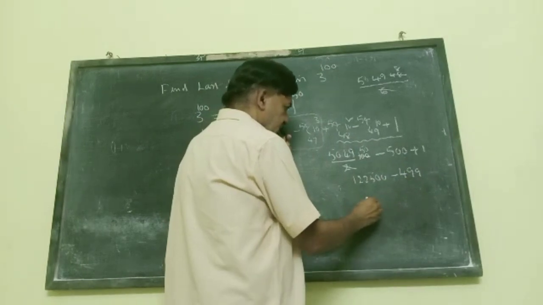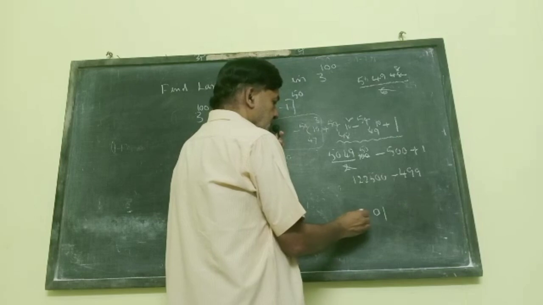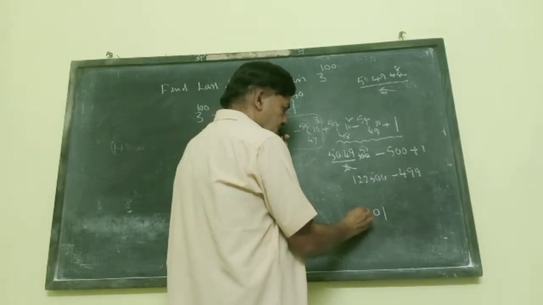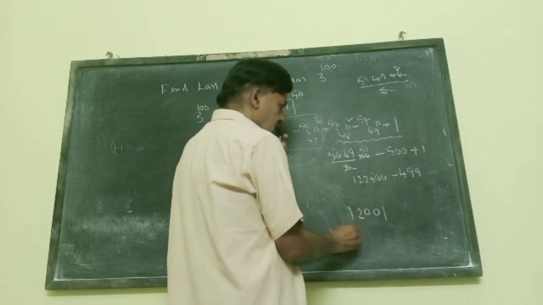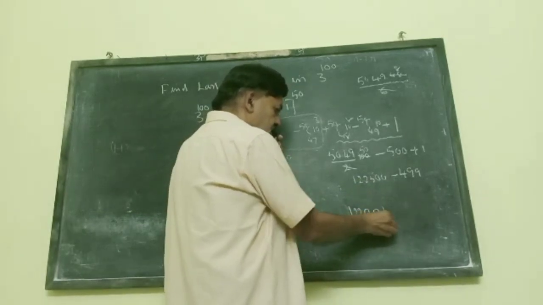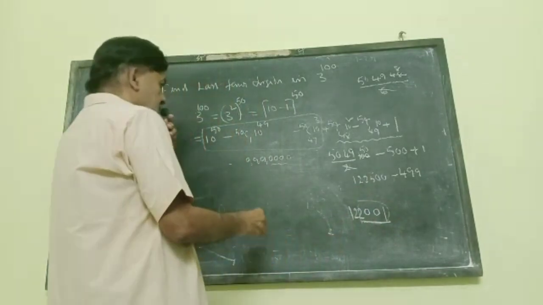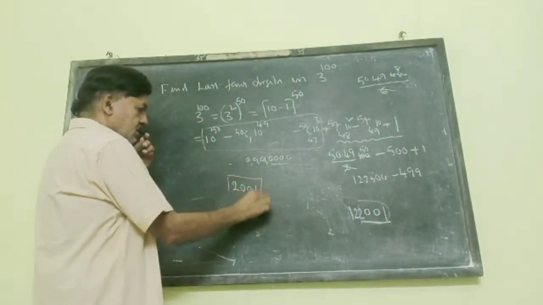So this is how much? 2 1 2. So last 4 digits are 2001. So last 4 digits are 2001 like this.